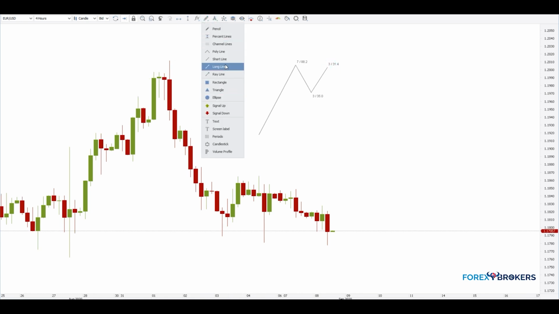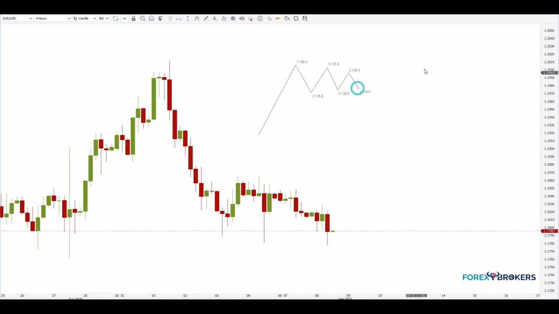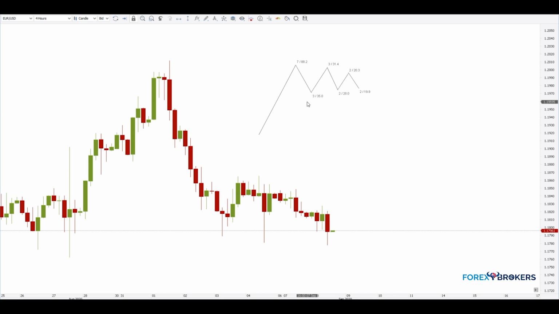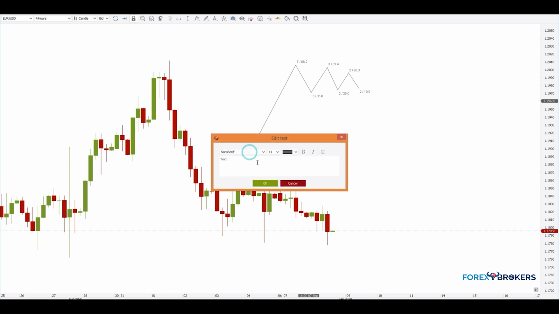Elliott used letters to define the segments of a triangle: A, B, C, D, E. And the way to interpret a triangle is to draw the so-called B to D and A and C trend lines in order to see the shape of the triangle. If the 2 trend lines contract, then the triangle is contracting. If the two trend lines expand, the triangle expands.